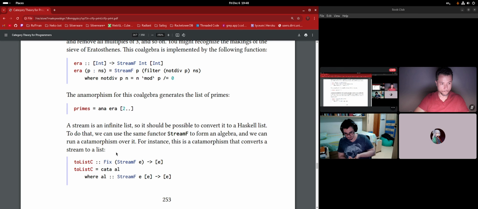So wait a moment. Are you telling me then that a catamorphism is a natural transformation? I guess it would be a special case of one, yes. Because we are going from this, which is a functor, and this, which is a different one, to this, which is another different one.